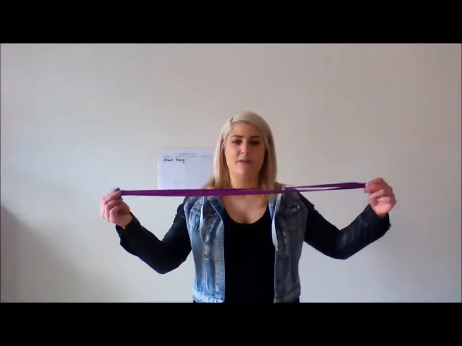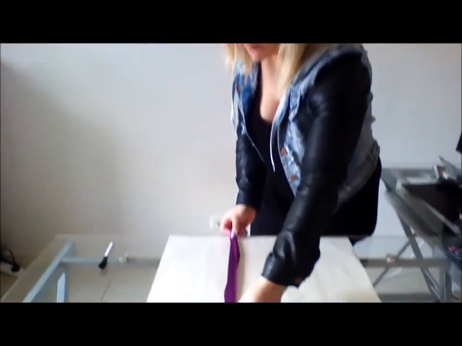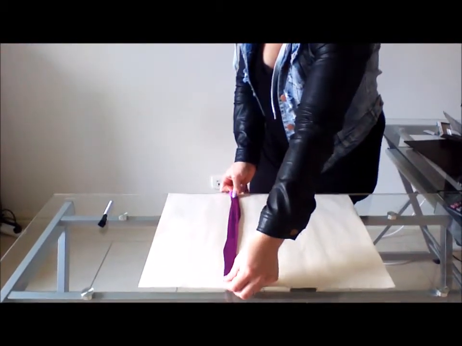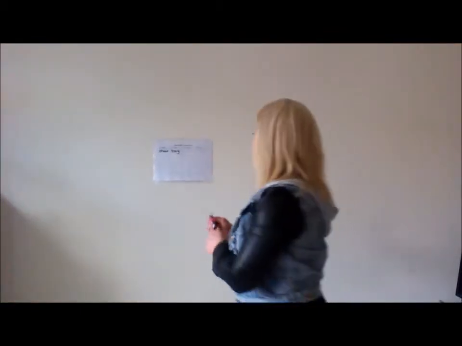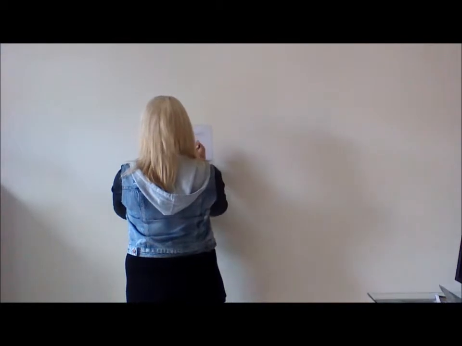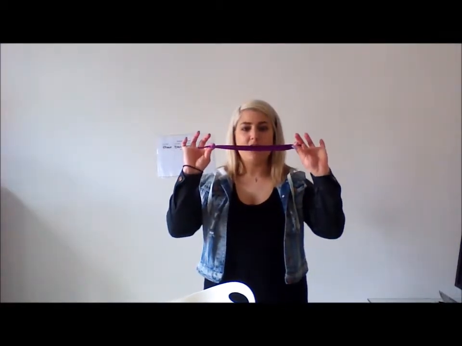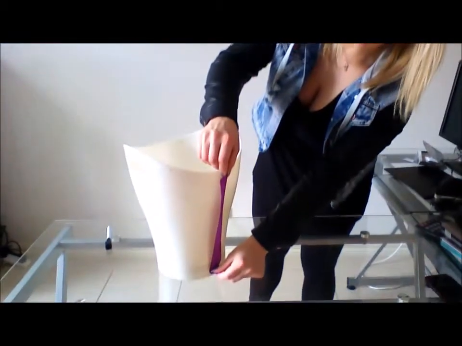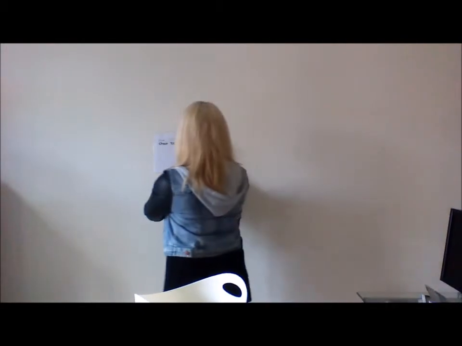I then fold my ribbon into quarters, and I found the width of this butcher's paper was a quarter of my height. I then record this on my sheet. I then fold my ribbon into fifths, and I found that the bin was a fifth of my height. I then record this on my recording sheet.